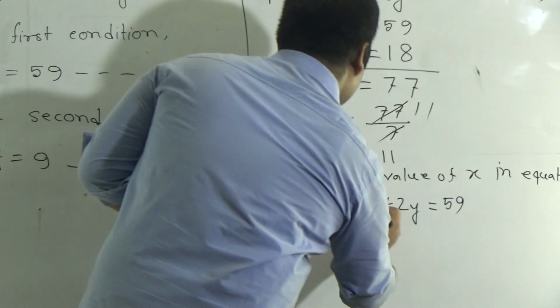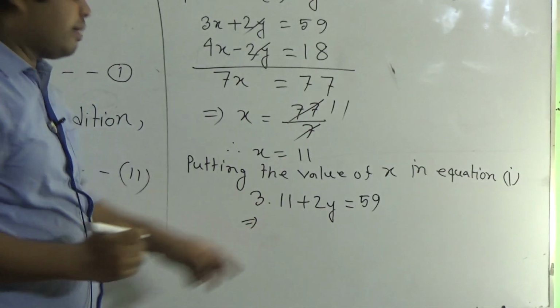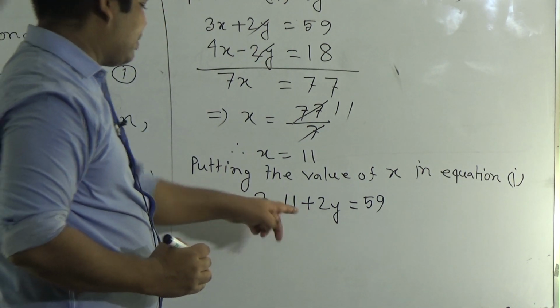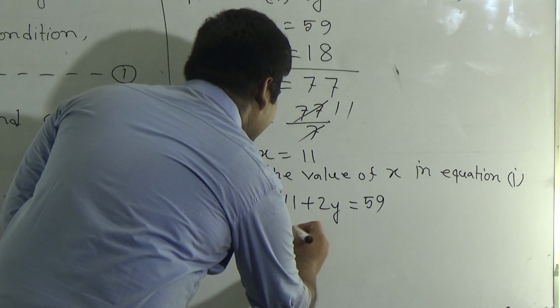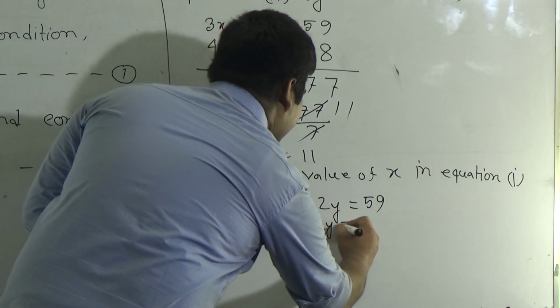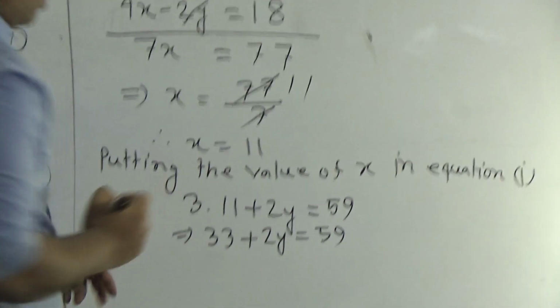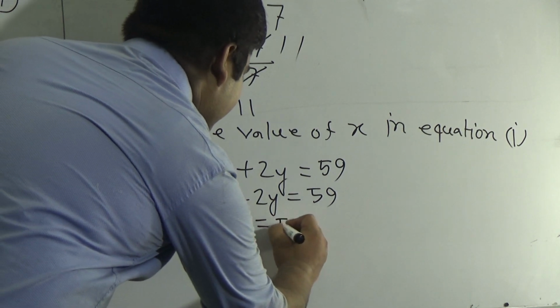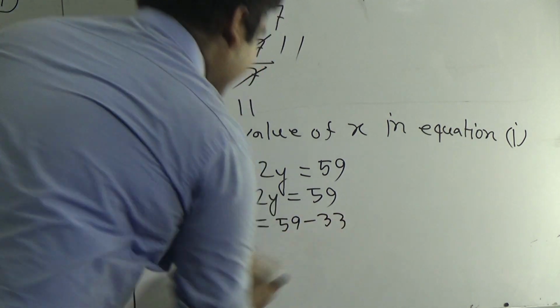Notice 3 multiply 11 is 33. Then 2y equal to 59 minus 33.